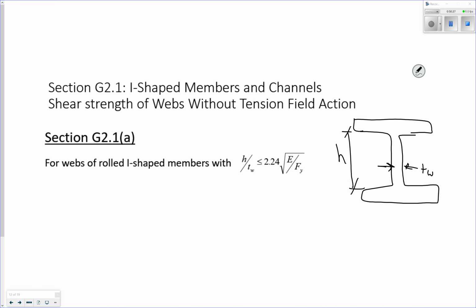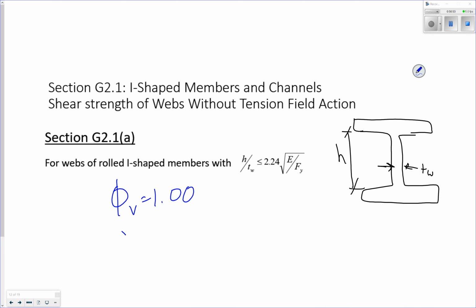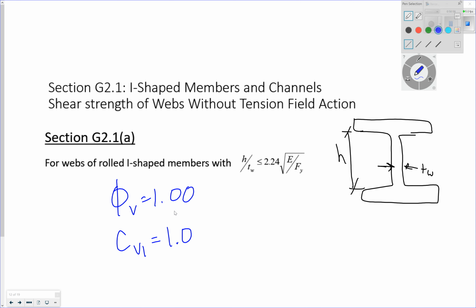If it's less than 2.24 times the square root of E over Fy, then basically web buckling won't occur. I'll have a phi of 1 and that Cv factor of 1, no web buckling.